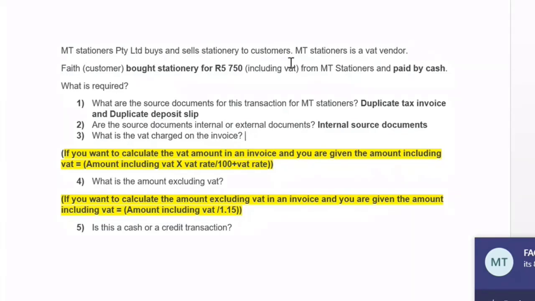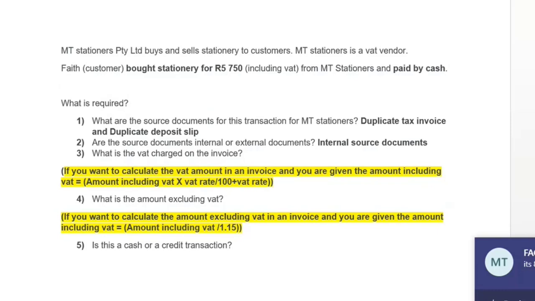So guys, before, it is 5,750 including VAT, and let me just add, my apologies, the VAT rate is 15%.